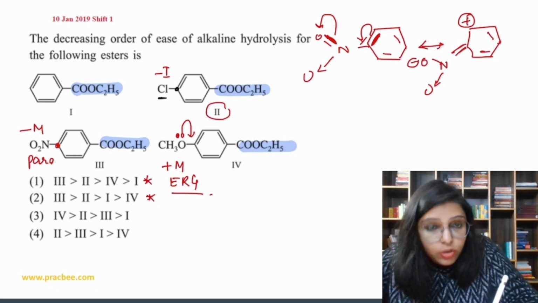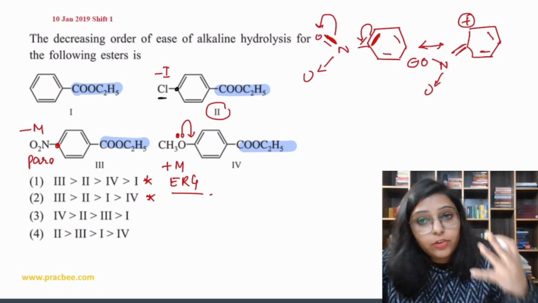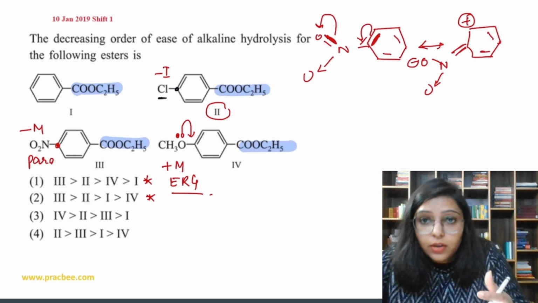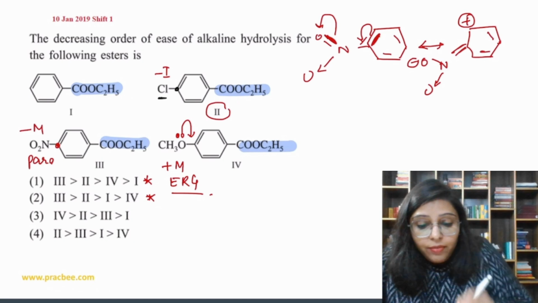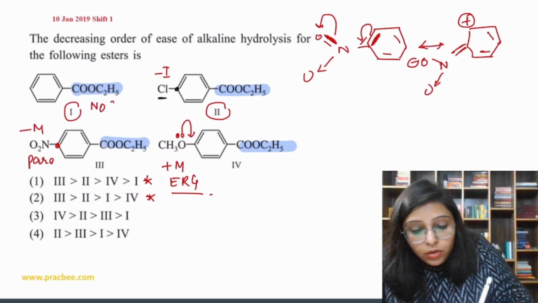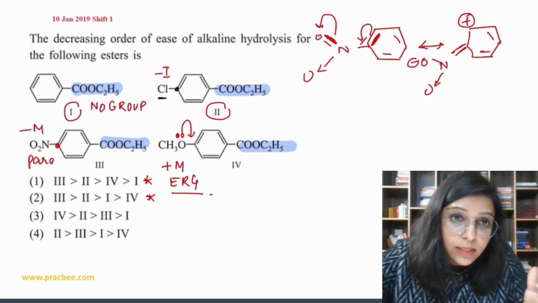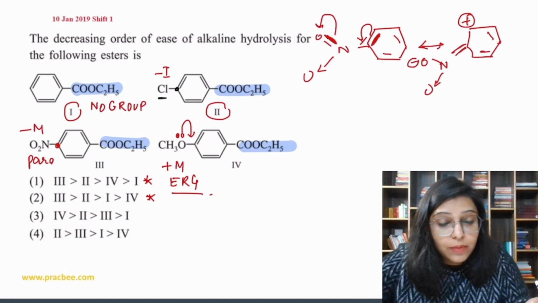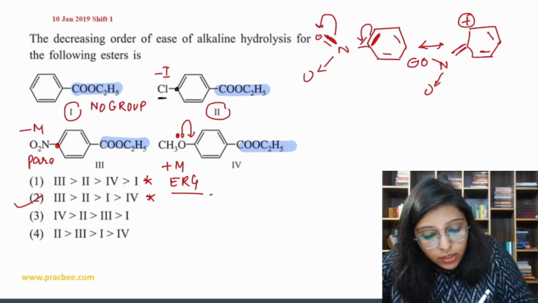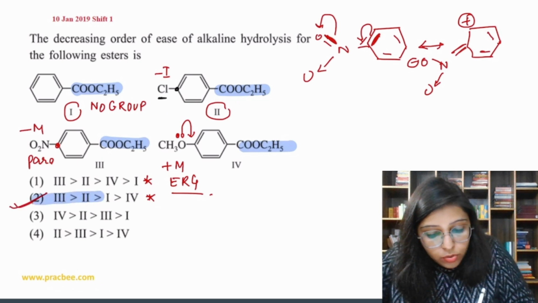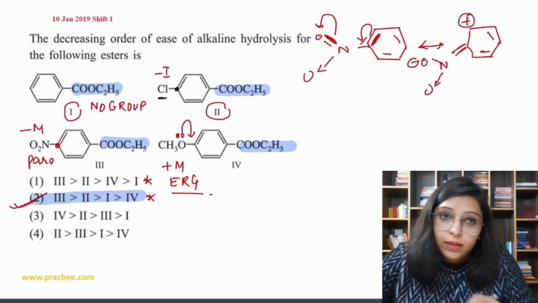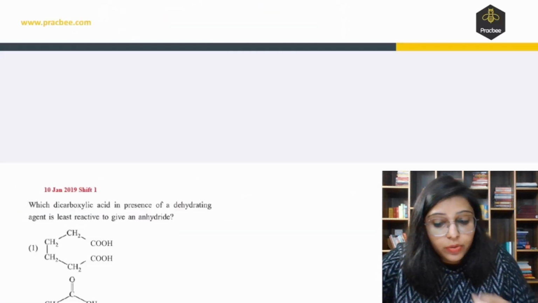Then we have the second, because the minus I factor also withdraws electrons from the system. So third, second. Then we have first, with no group, and then the fourth increases the electron density onto the carbonyl carbon, due to which nucleophilic addition is slow. Okay, clear? Now let's do the next question.